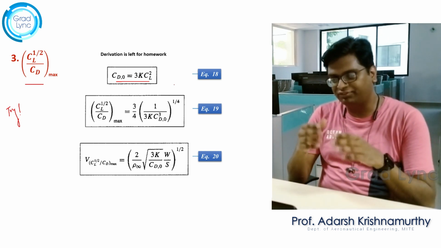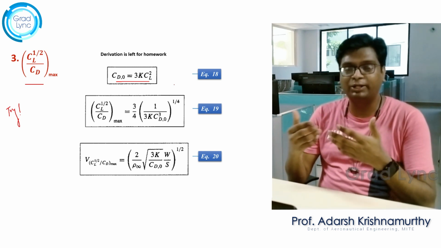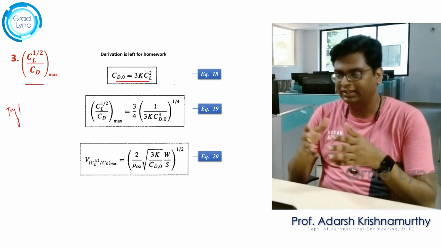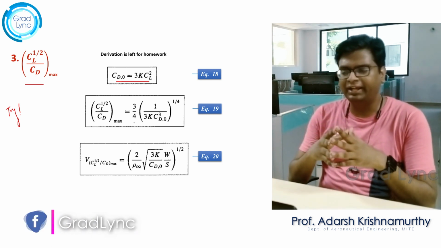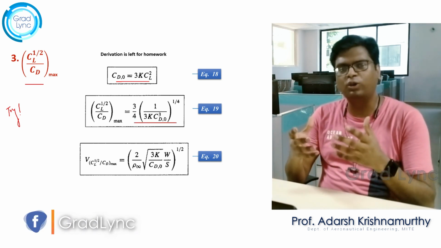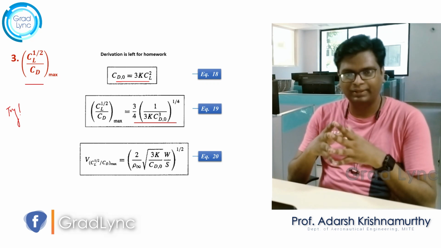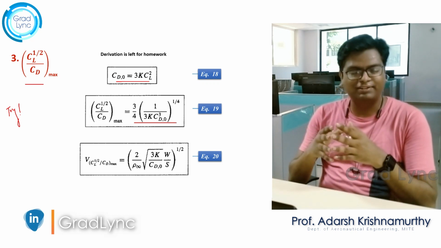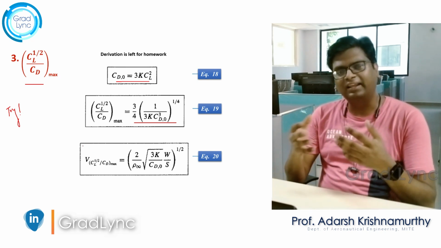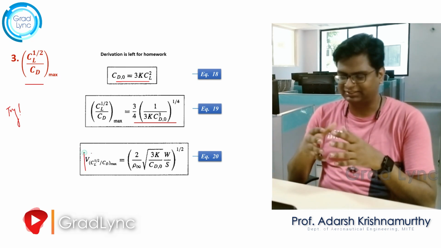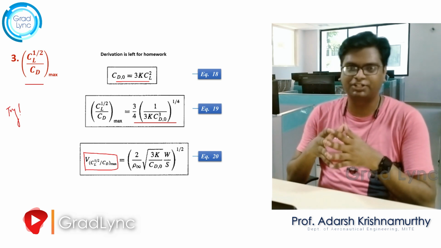Now what is the value of CL power 1 by 2 by CD max itself? That is given by 3 by 4 into 1 by 3K CD naught cube whole power 1 by 4. Let's call this equation number 19. Similarly, we can get the velocity for this condition, and we call it equation number 20.